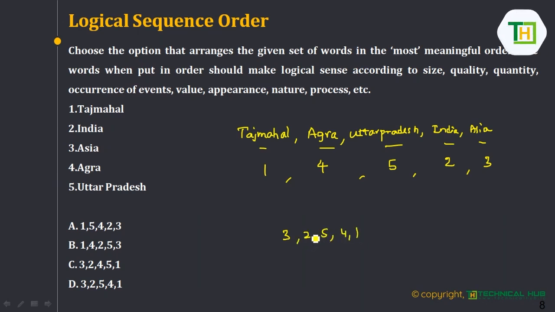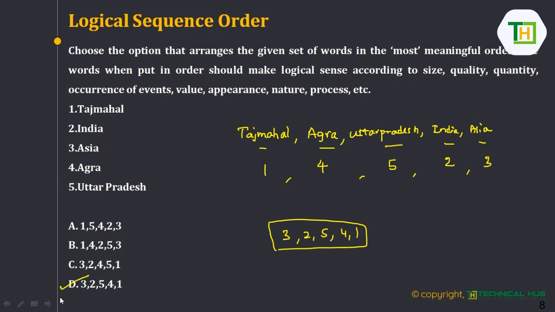Which is in the options here? 1, 4, 5, 2, 3 is not there, but 3, 2, 5, 4, 1 is in option D. That means they have arranged from the biggest to the smallest: continent, country, state, city, and place. So it is 3, 2, 5, 4, 1.